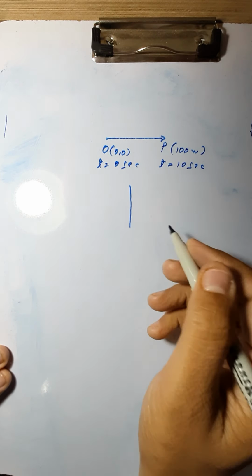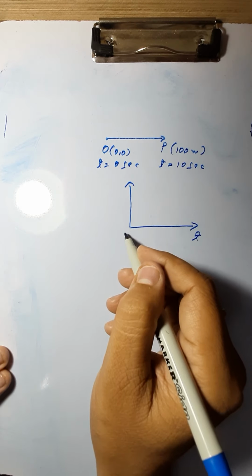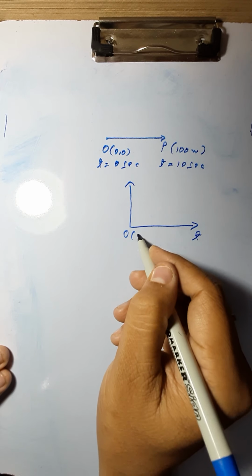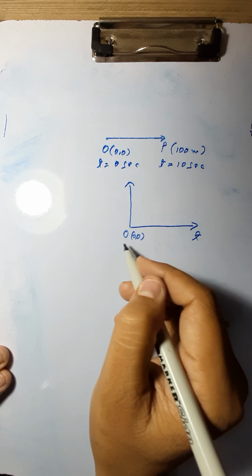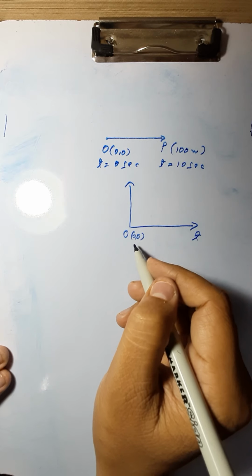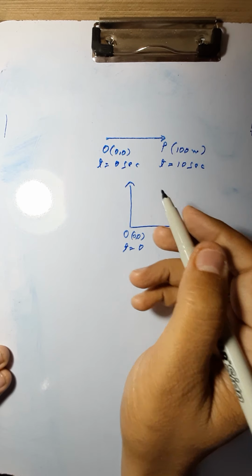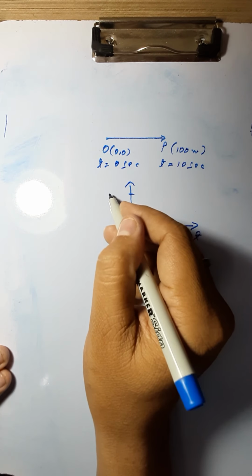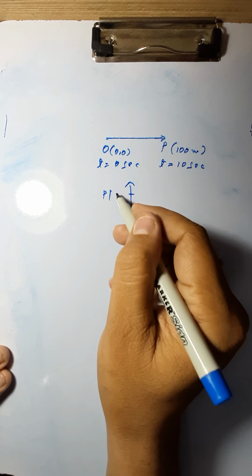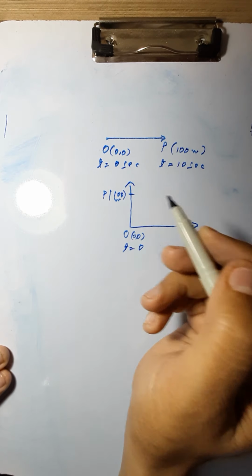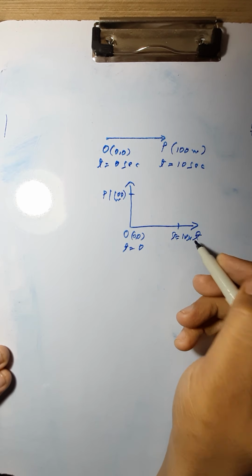That is, the particle was at point O whose coordinates are 0, 0 at t equal to 0, and suppose the particle reaches point P, that is 100 meter, at time t equal to 10 seconds.